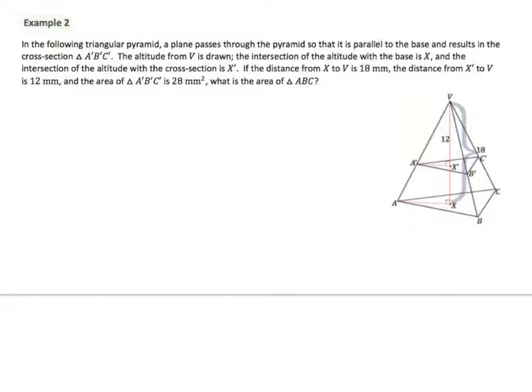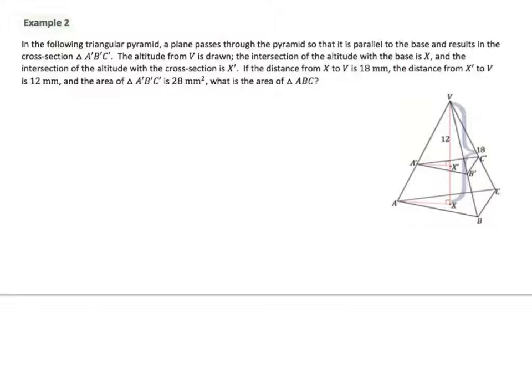In the following triangular pyramid, a plane passes through the pyramid so it's parallel to the base and results in the cross-section triangle A prime, B prime, C prime. The altitude from V is drawn, and the intersection of the altitude with base X, which is the original base, and the intersection of the altitude with the cross-section is X prime.